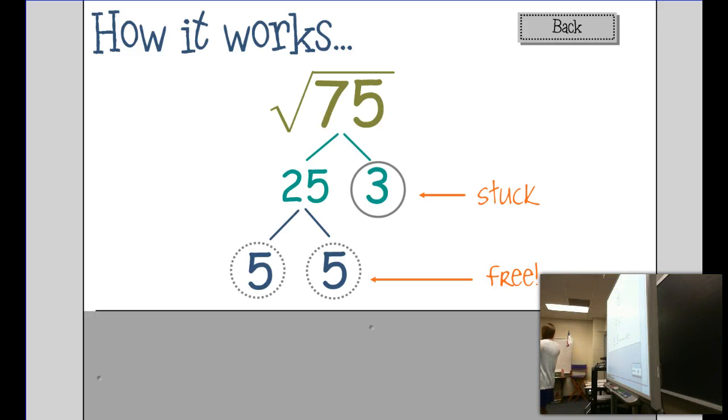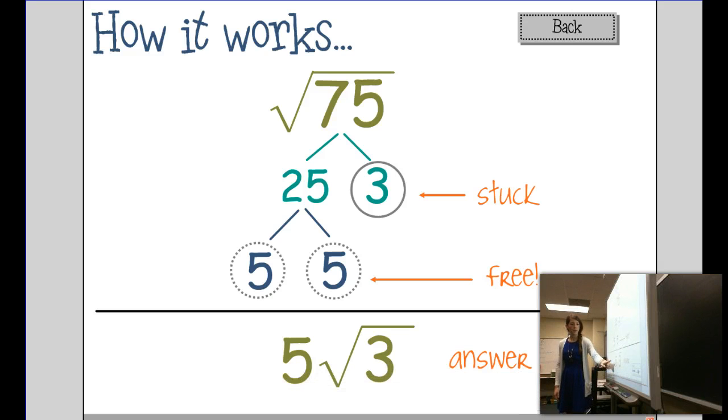Any prime number that's circled and has a twin gets to escape. If they're circled and they don't have a twin, they're stuck. So the 5s have a twin, they're going to escape, and the 3 is going to be stuck. So the answer is going to look like 5, the 5 escaped, root 3, because the 3 is stuck in jail.